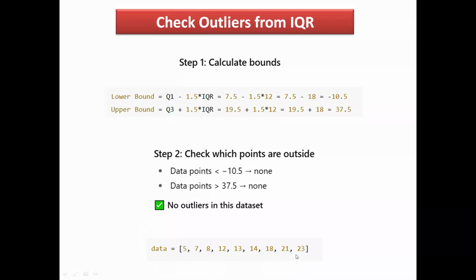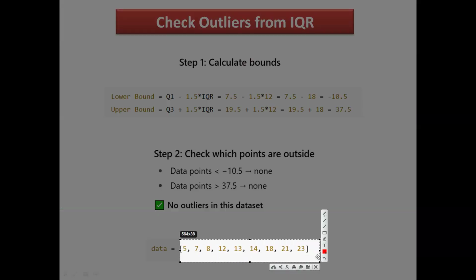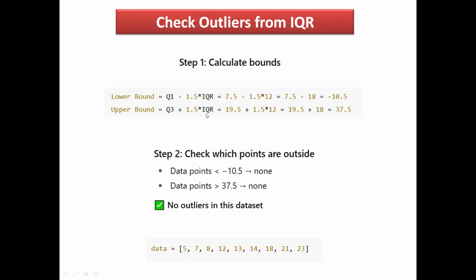This lower bound and upper bound is decided with the IQR. Upper bound is 37.5. There is no value beyond upper bound, so it means this data set is correct. If we want to make clusters from this data set using K-means or DBSCAN, we can do, no problem.